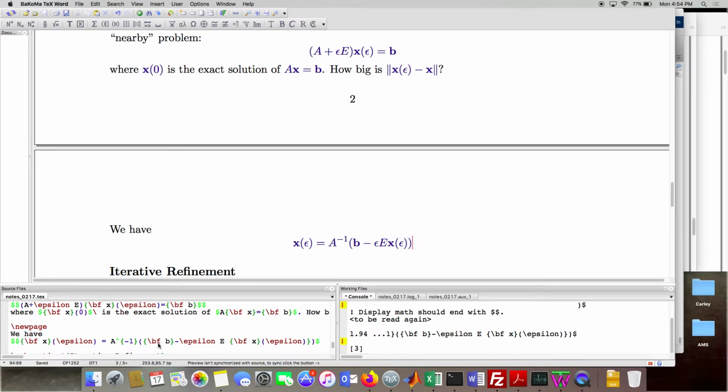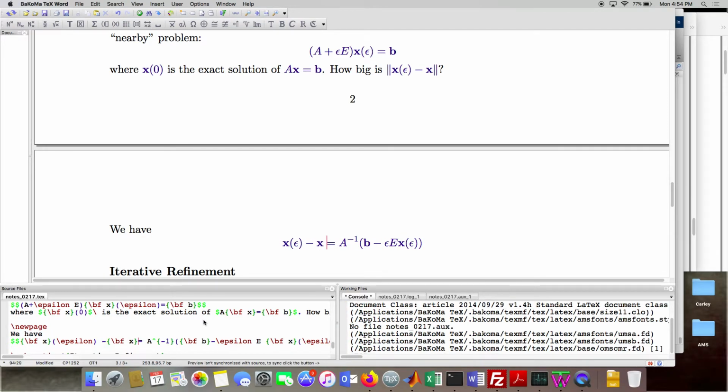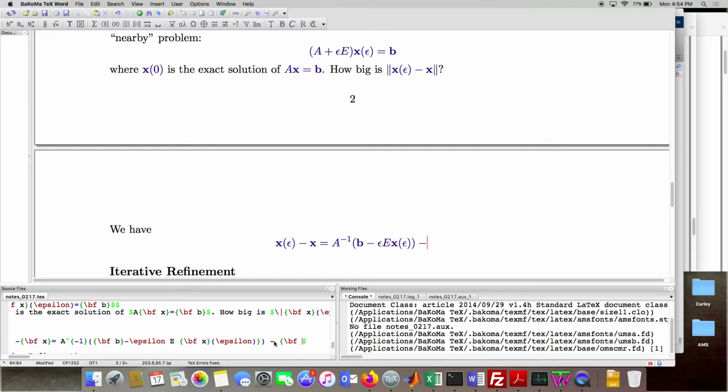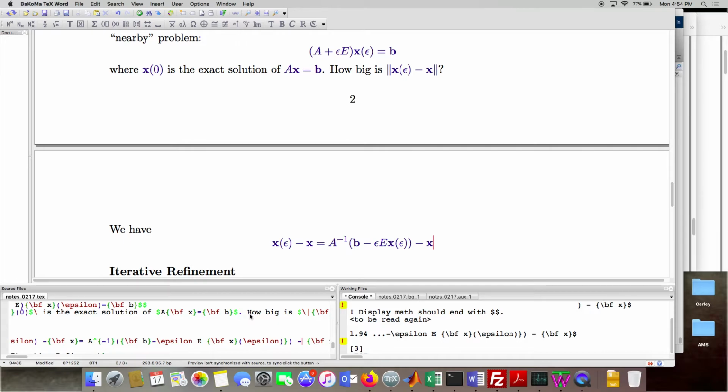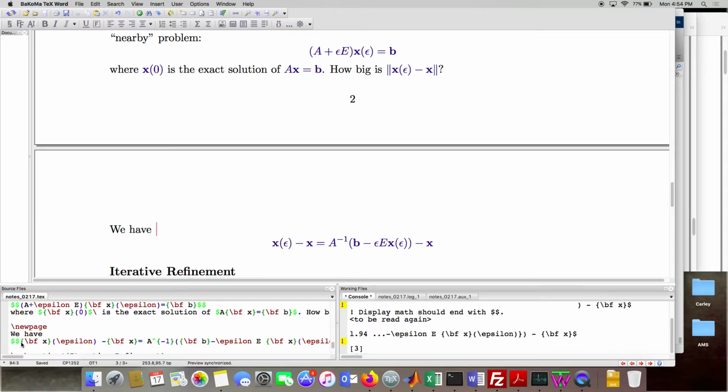Now what I'll do is subtract the exact solution from both sides. And then I'll take the norm, any vector norm, so I'm not going to specify, of both sides.